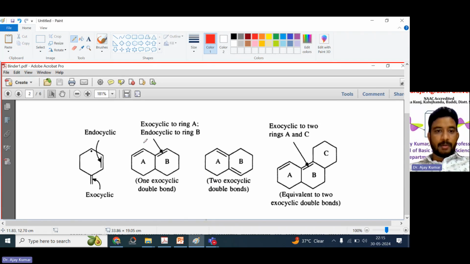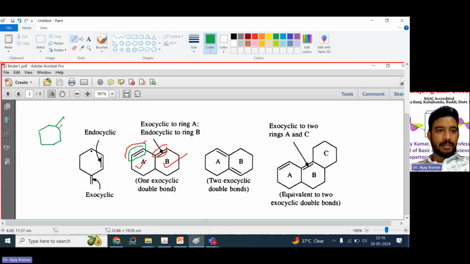If we talk about this structure, this is ring A and this is ring B. For ring A, this one is the exocyclic double bond. And if we talk about this double bond, this is the exocyclic double bond for ring B. Basically, we have to focus on this type of structure.